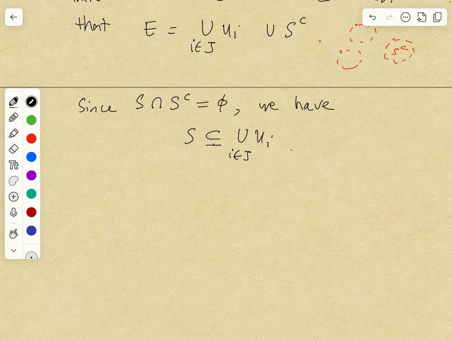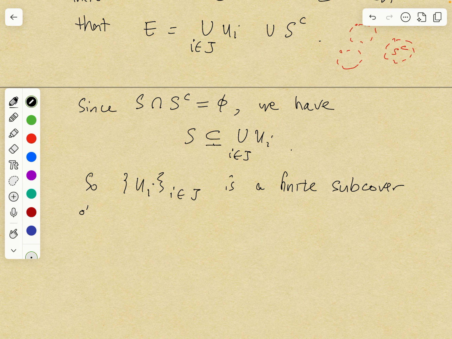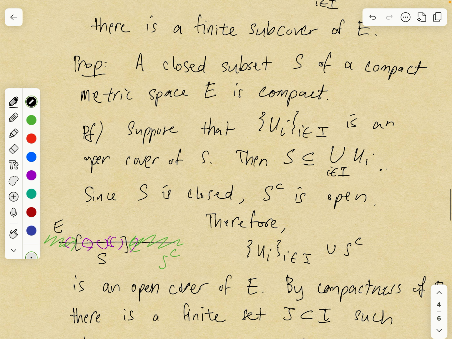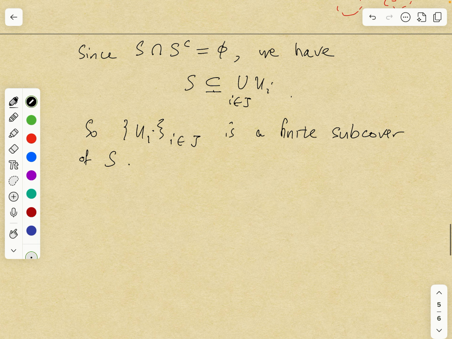So therefore, the set of UIs for I in J, and this is a finite set, is a finite subcover of S. So we started out with this arbitrary open cover of S, and we showed that there is a finite subcover of S. Therefore, hence, S is compact.